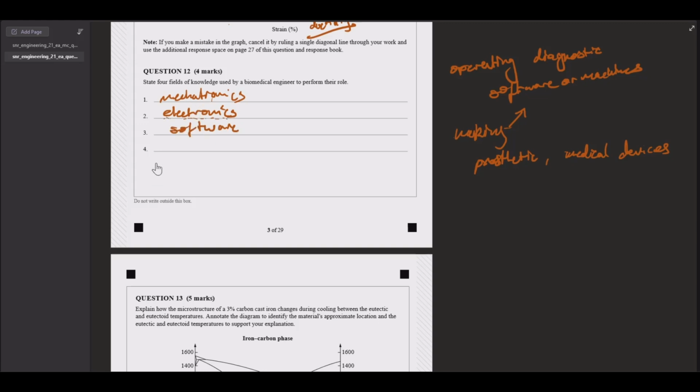Make sure you don't get electronics and electrical mixed up, because electronics is the control of the flow of electrons. So that's going to be like logic gates. Electrical is a conversion of electrical energy to other forms of energy.